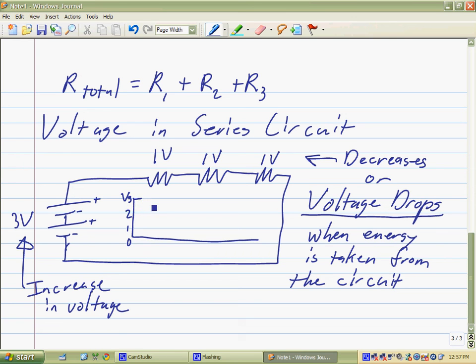We go across this bulb, and it drops down to 2. Then we hit this bulb, and we lose another volt, so it drops down to 1. And then when we get to the third light bulb, it takes away a volt, and we drop back down to 0. And when we come back around and reconnect, the battery lifts it all back up and gives those electrons that energy again. So remember, that's what a battery does. A battery gives energy to the electrons.